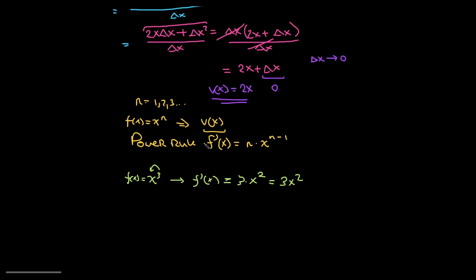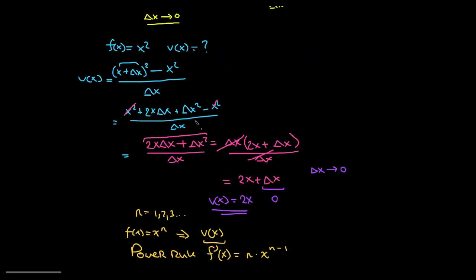That's quite nice, and we can also see that it works for our example we did here. So we had x squared, and then the derivative, well, that 2 jumps in front, so we'll get 2 times x to the power of 2 minus 1, which is just 1, and x to the power of 1 is just x, so that's going to be 2x.